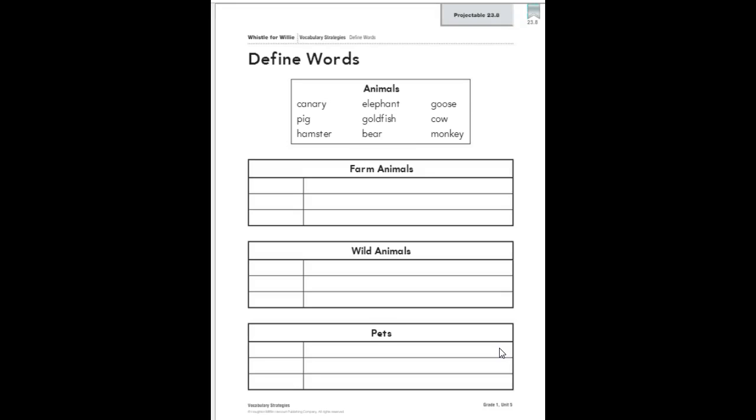Now a canary is a small yellow bird, and mostly it's known for its singing. So that would be something that I would write. So here is just a quick look, I'm not going to keep it up long, of a completed chart, but you are going to use all of these animals and you're going to fit them into either one of these 3 categories, and then you're going to write a short definition, characteristic, something that describes the animal.